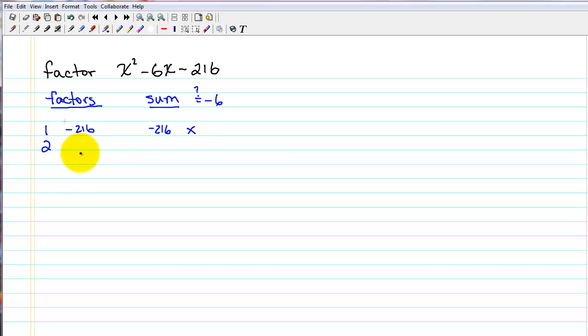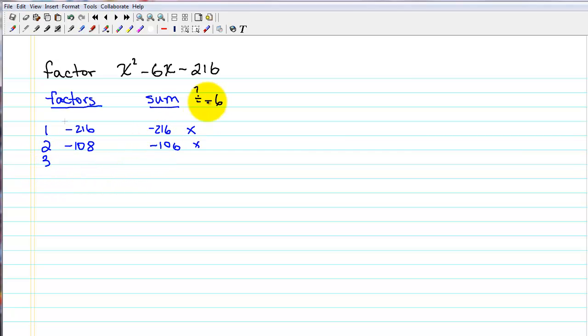216 is even, so we can divide that by 2. And our other factor is going to be negative 108. When we add that to 2, that adds up to be negative 106. That doesn't work. Is it divisible by 3?